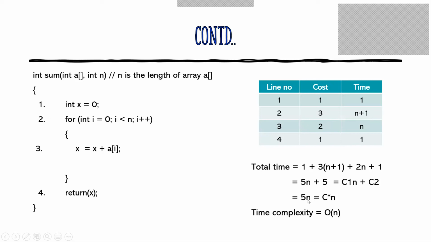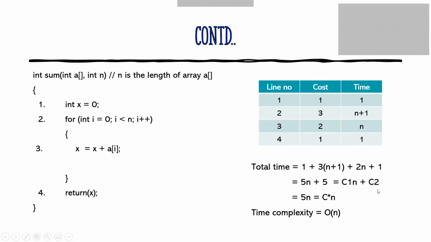It is for n times. Here n plus 1 won't come because the moment the first condition is not satisfied, this statement will not be executed. So this statement is true only when i is less than or equal to n. So this statement will run for n times, so your time is n.